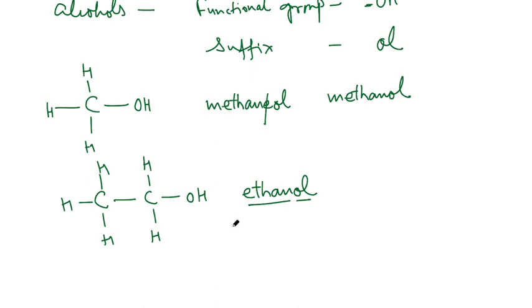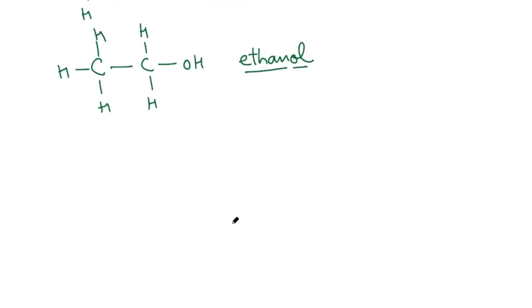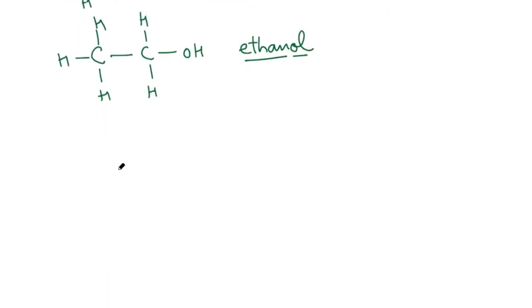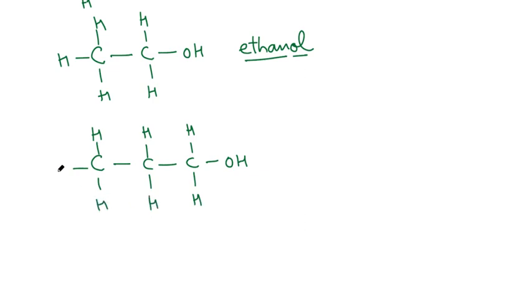Now I understand that you can name the compounds with OH functional group. If it is a 3 carbon chain and OH is added to this carbon, now what is the name of this compound? Can you name the compound? Try naming the compound, please. In this case, now we need to mention the number of the carbon atom to which OH is bonded.